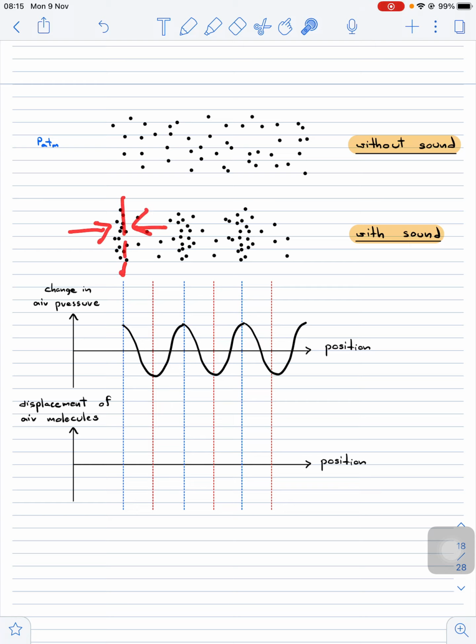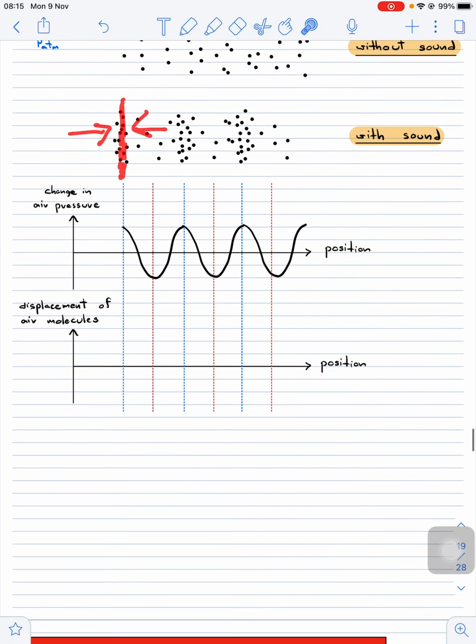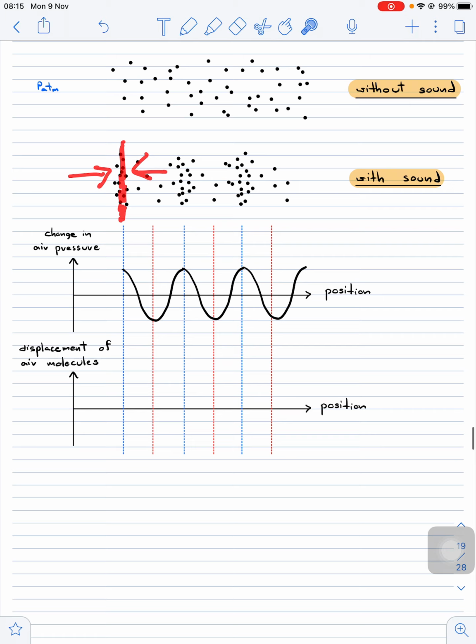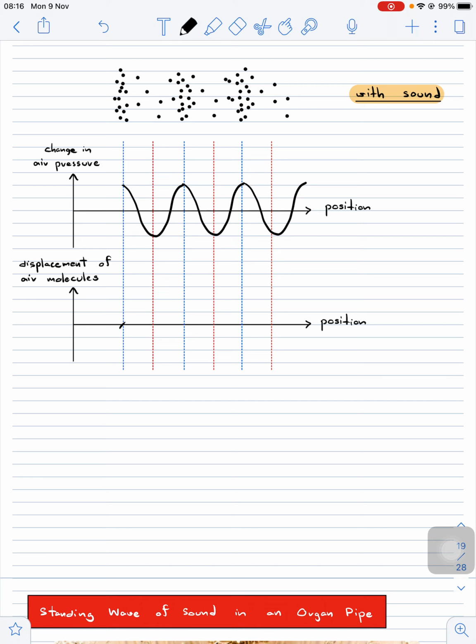So the air molecules at the compression are going to have the displacement equal to 0, because it's not going to move. Then we can take that the displacement must be equal to 0.